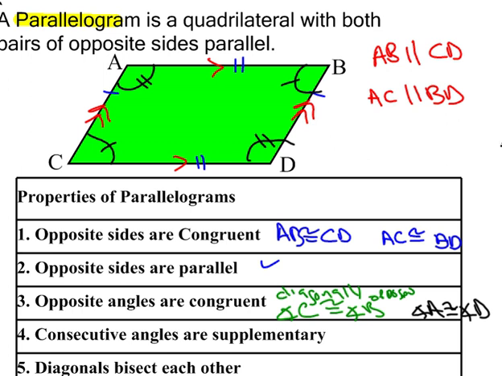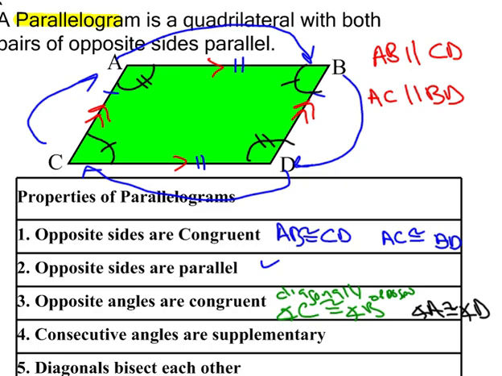Consecutive angles. Think of it as B and D are consecutive. So it's angles that are in a clockwise or counterclockwise order. So B and D are consecutive, D and C are consecutive, C and A are consecutive, A and B are consecutive.